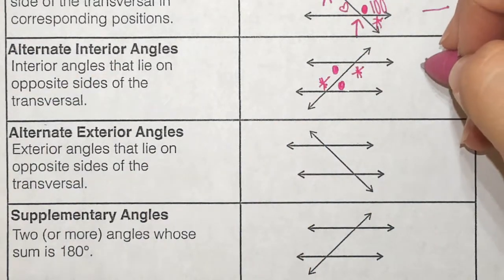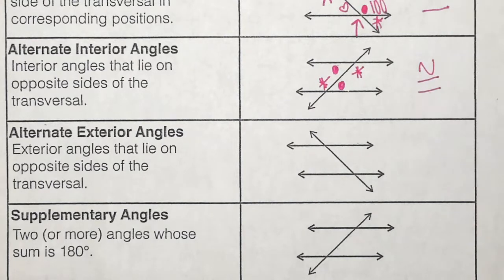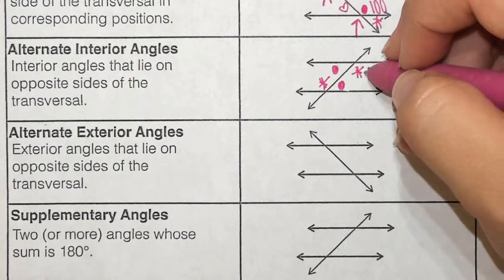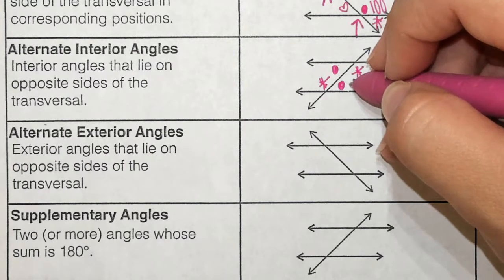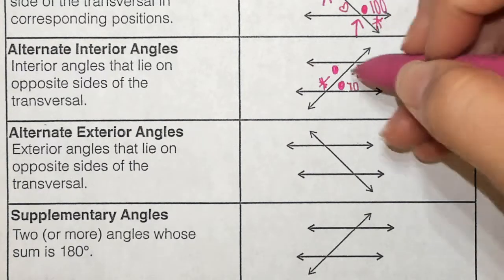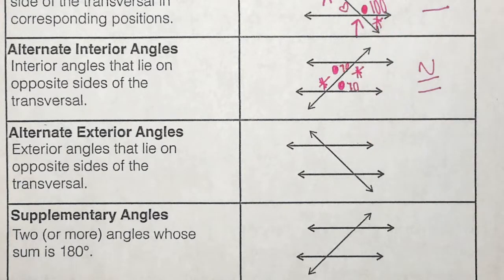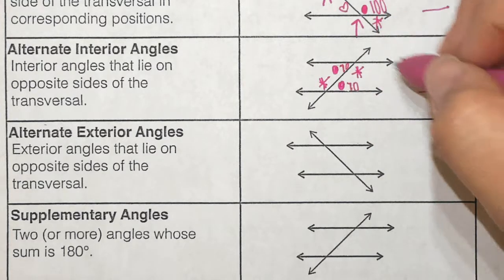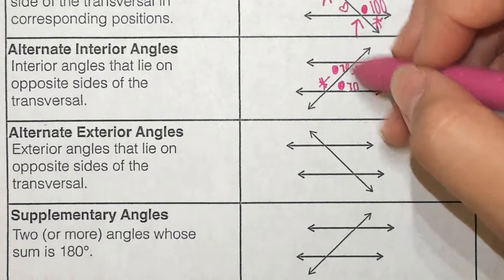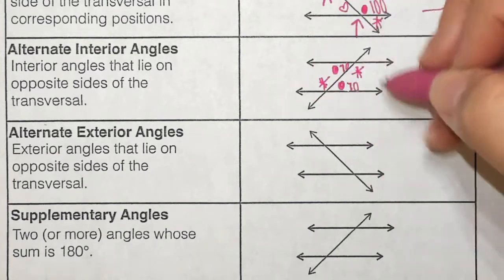Alternate interior angles are also congruent. So if this circle right here is 70 degrees, guess what this one is? 70 degrees. It's important to know the relationships because you have to be able to find all different angles.